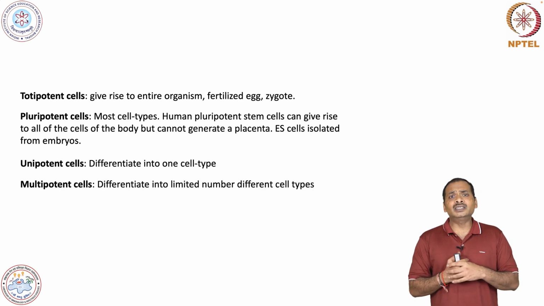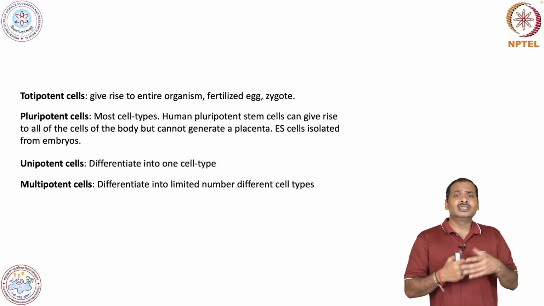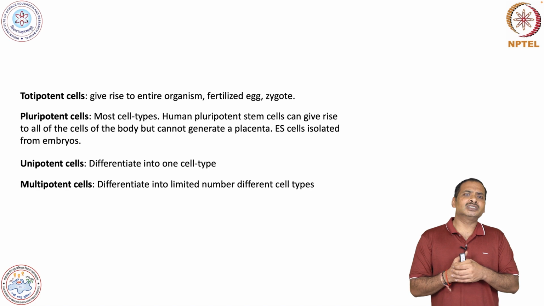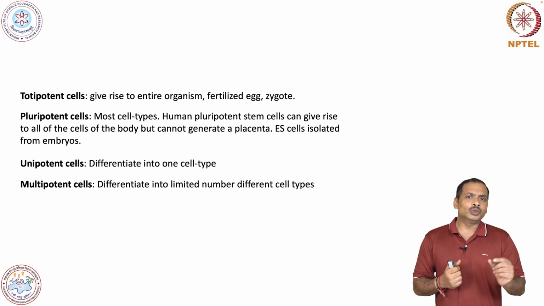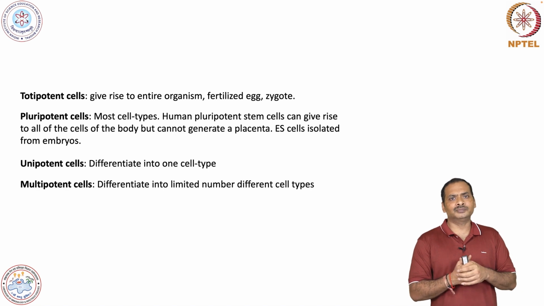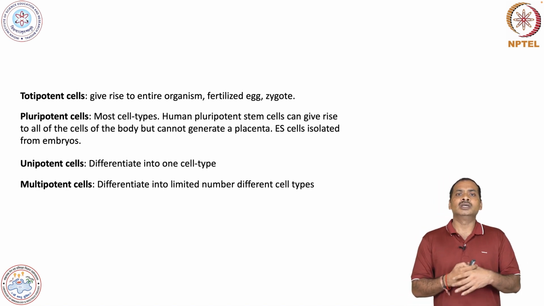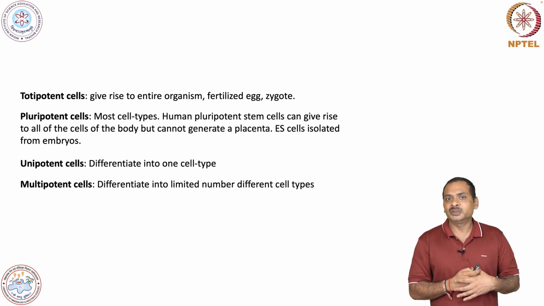Another is multipotent stem cells. These multipotent stem cells can make a few cell types which are quite close to each other, biochemically or in terms of function. So those cells we call multipotent cells.